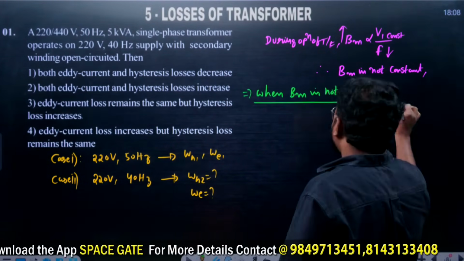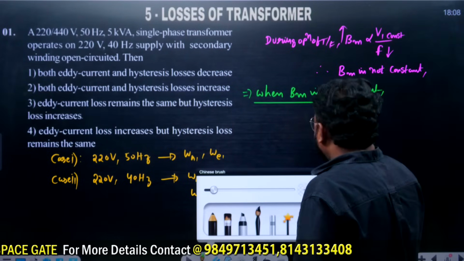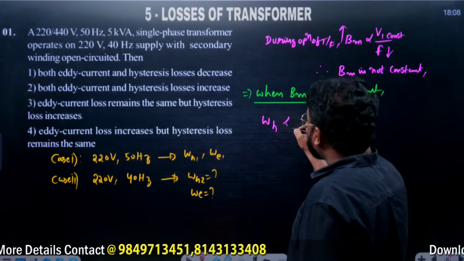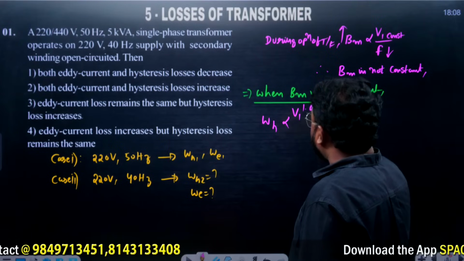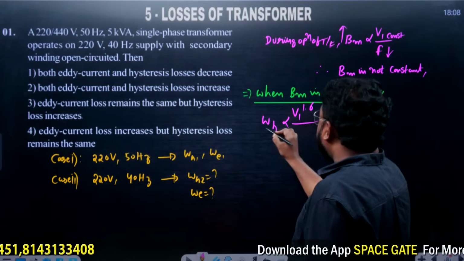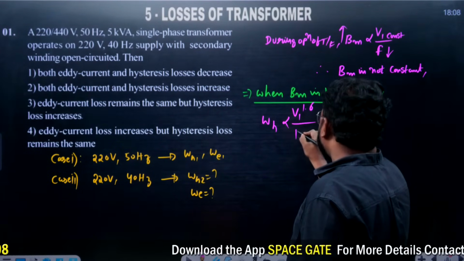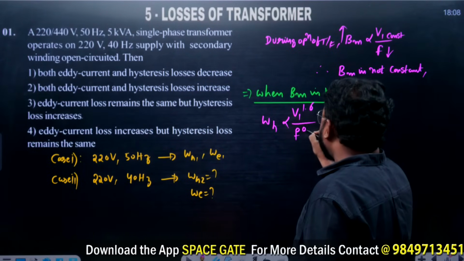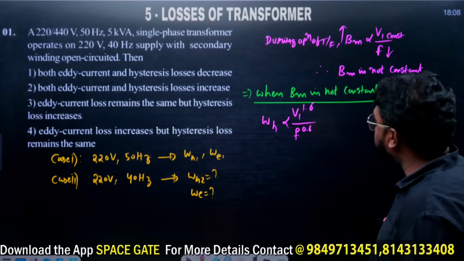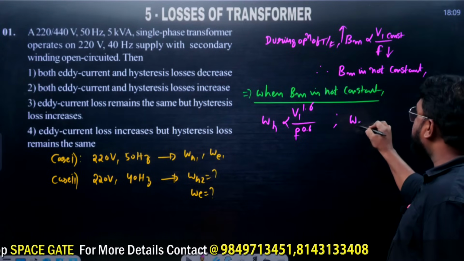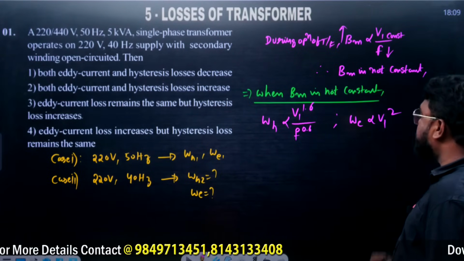The hysteresis loss is directly proportional to V1 power 1.6 and inversely proportional to frequency power 0.6, whereas eddy current loss is directly proportional to V1 square.